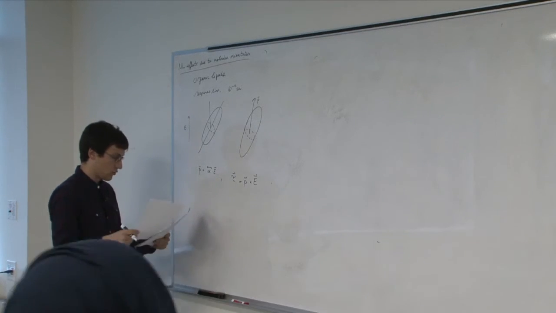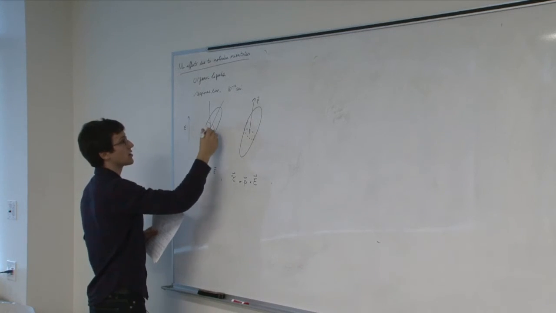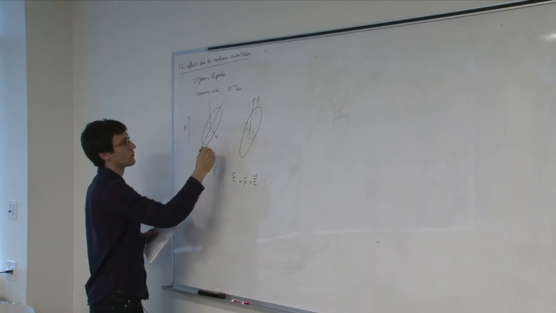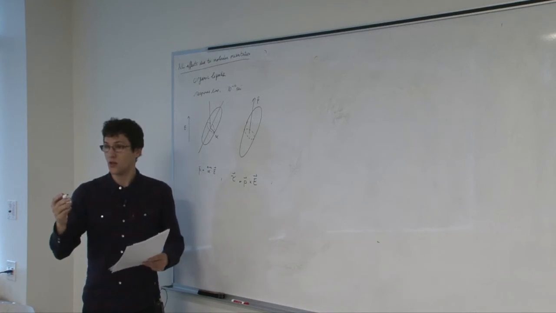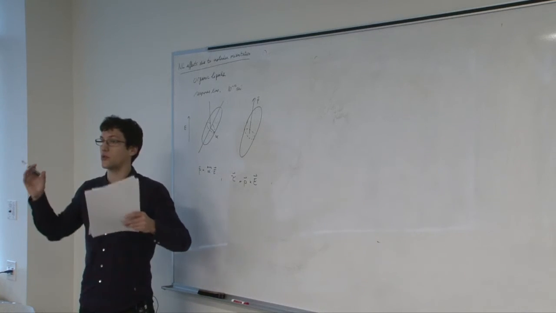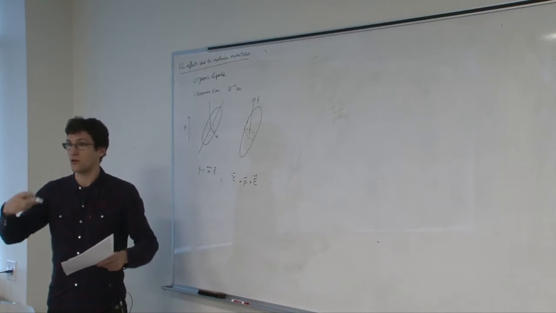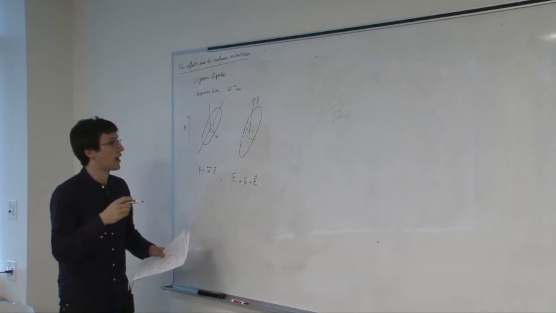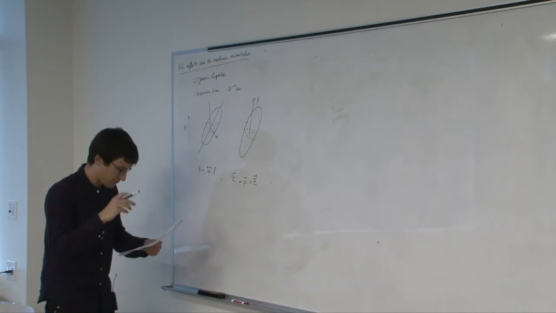So I can readily define some kind of polarizability in this kind of molecule that has some kind of symmetry, right? If it was a spherical molecule, it would have only diagonal elements of the polarizability.